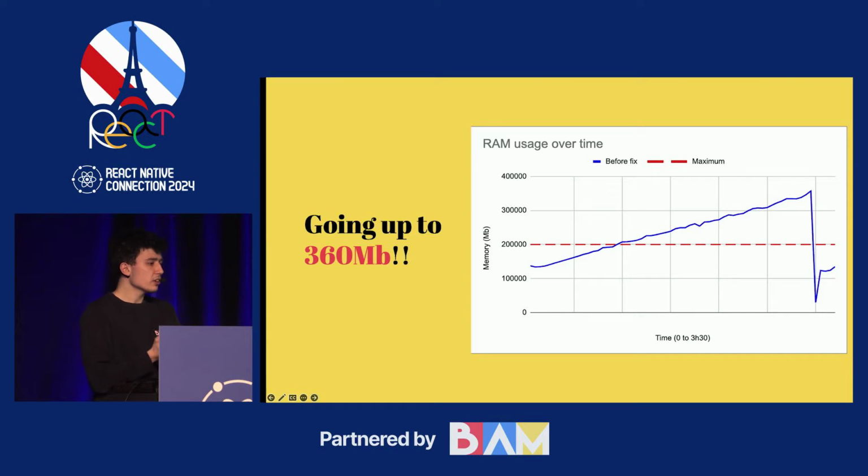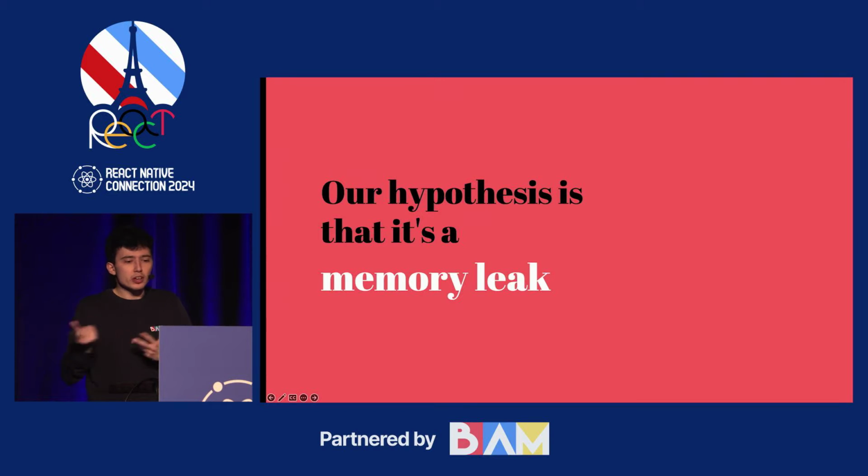In our case, the memory is going up to 400 megabytes and the app crashes. We are not experts, not yet, but we can say, okay, memory is going too high. Maybe it's a memory leak, because when there is a memory issue, we say, oh, memory leak.